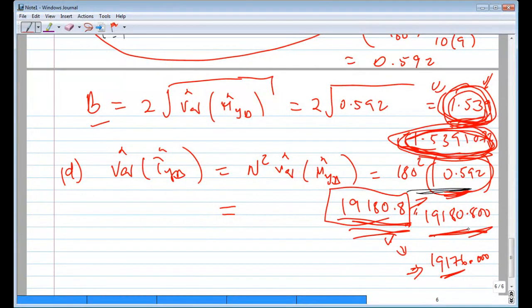So these two are different. So I think you have to use the whole of it. When you write the final answer, it needs to be in 3 decimal places. That's it.